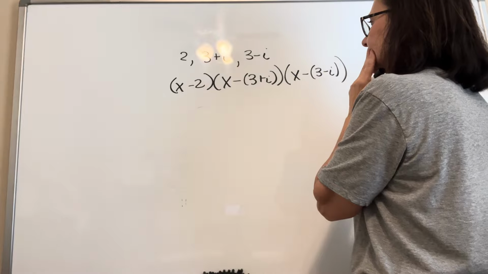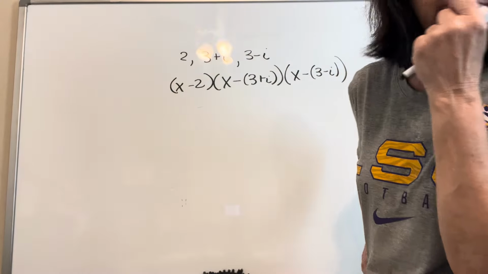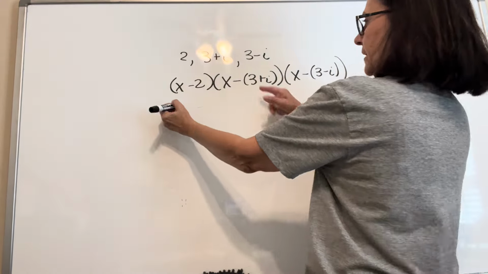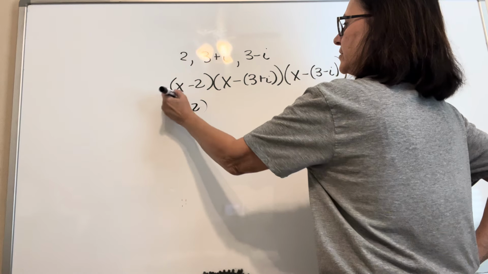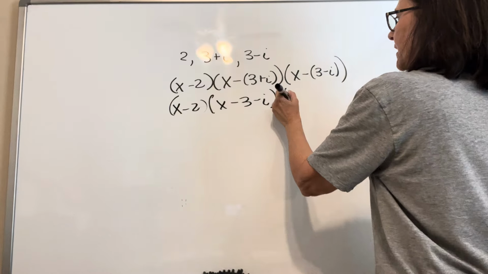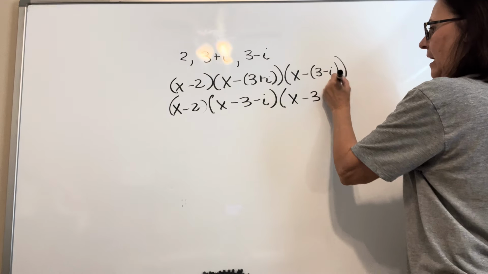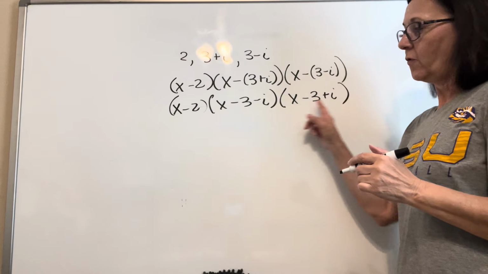So that's x minus 2 times x minus 3 minus i times x minus 3 plus i. All right, so let's FOIL these.